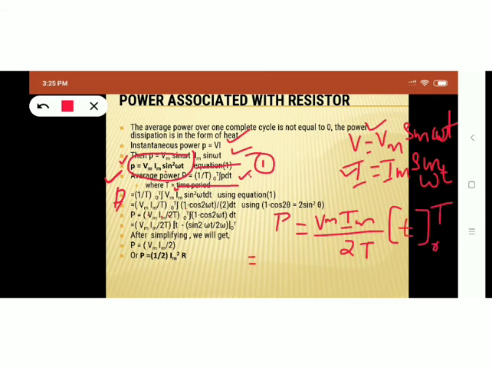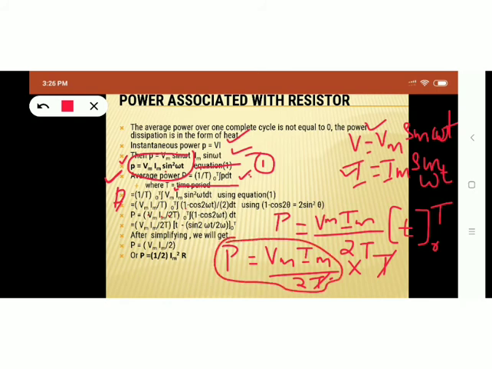So you will get power P is equal to Vm Im by 2T into capital T. When you substitute the upper limit and lower limit and subtract, you will get T minus 0, that is capital T, and this T will cancel. So you will get the average power P equal to Vm Im by 2.